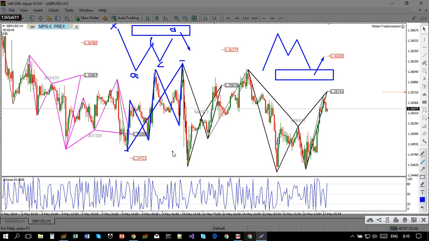When I say subjective, it means that under some conditions you treat it as one swing, and under other conditions you treat it as two swings. So it depends on your mood, it depends on your mindset.